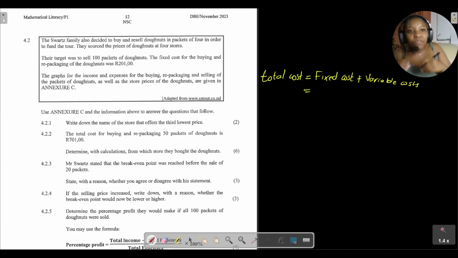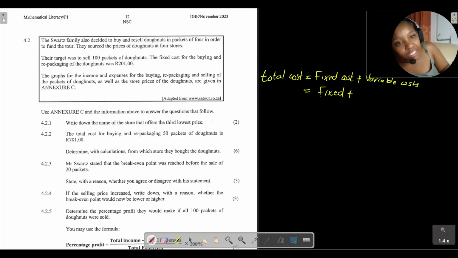So, what are the fixed costs of a business? Maybe renting a shop so that you can sell something. Those are the fixed costs. How do we calculate variable costs? To calculate variable costs, it's the number of items produced or sold multiplied by cost price.